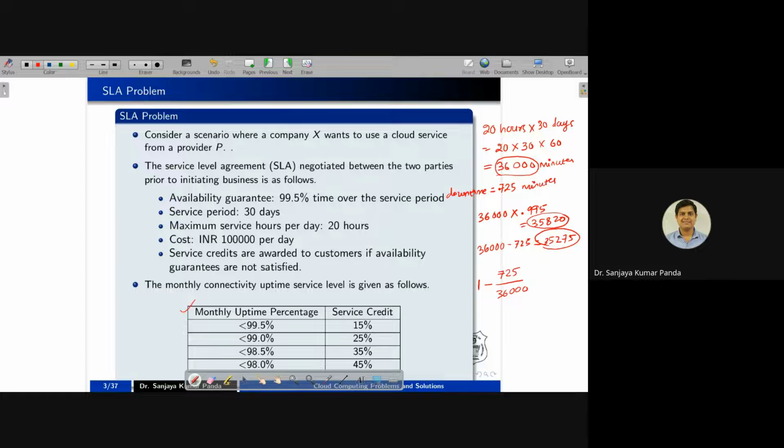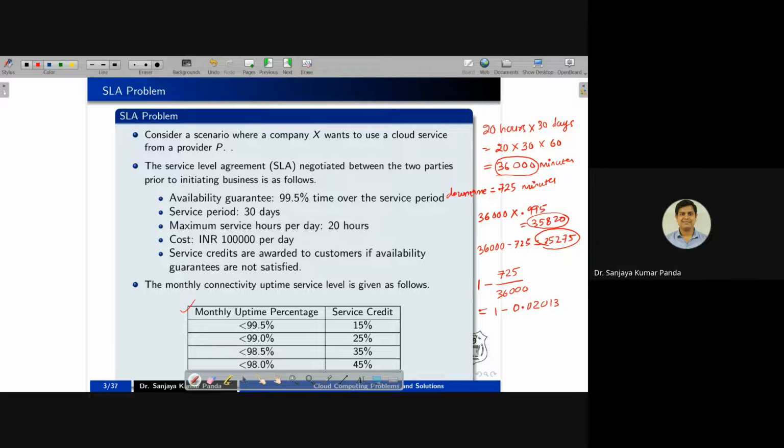So 1 minus 725 divided by 36,000. Use a calculator to determine 725 divided by 36,000. You will get 0.02013, something like that.